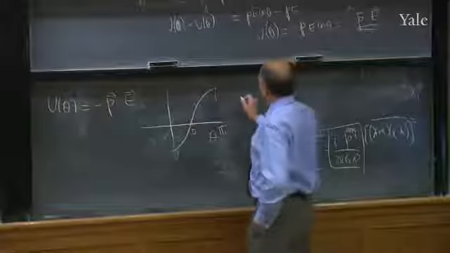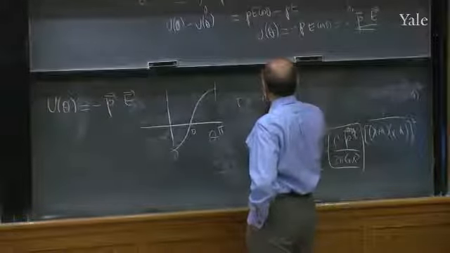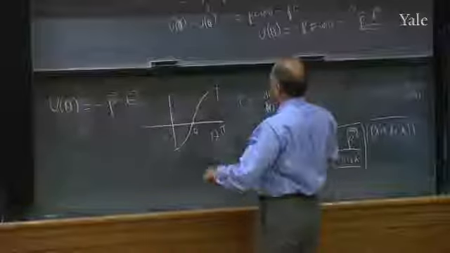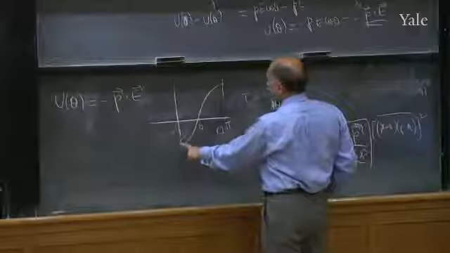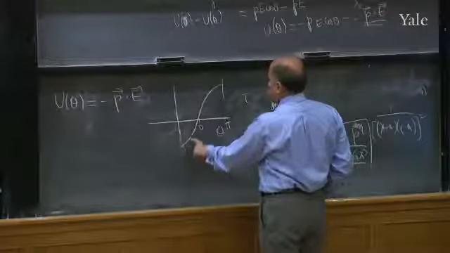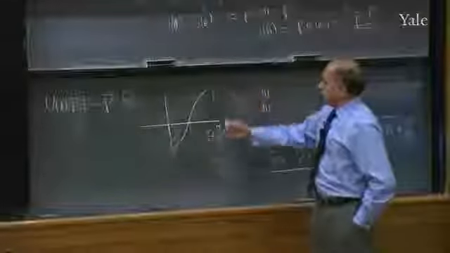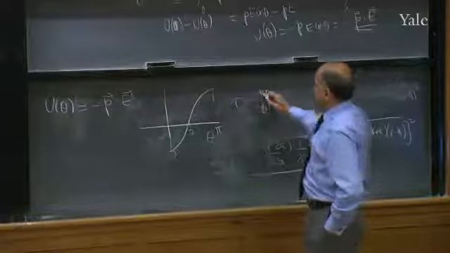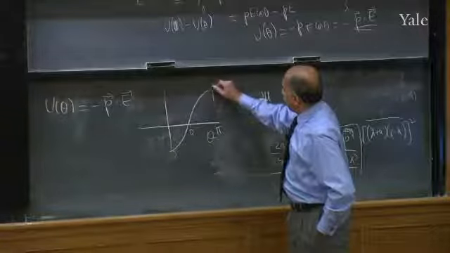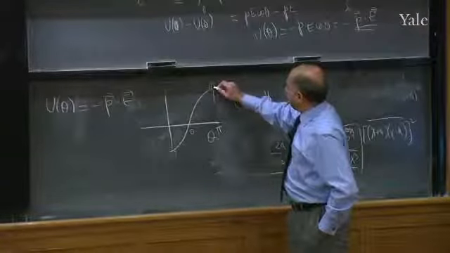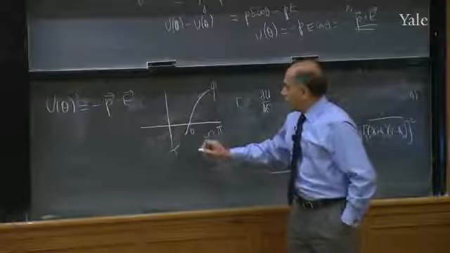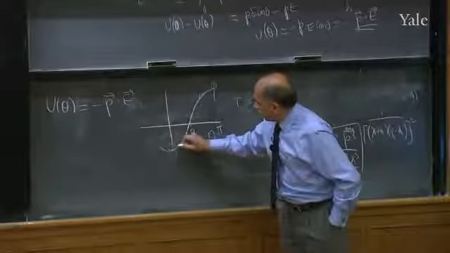And the torque is just minus dU/d theta. And you can see that the torque here and there are 0. But this is the point of stable equilibrium. That's the point of unstable equilibrium. See, if this was a potential energy, like the shape of the ground, if you left a marble there, it'll stay there. But if it moved a little bit, it'll roll downhill. But if you left a marble here, it'll stay there.